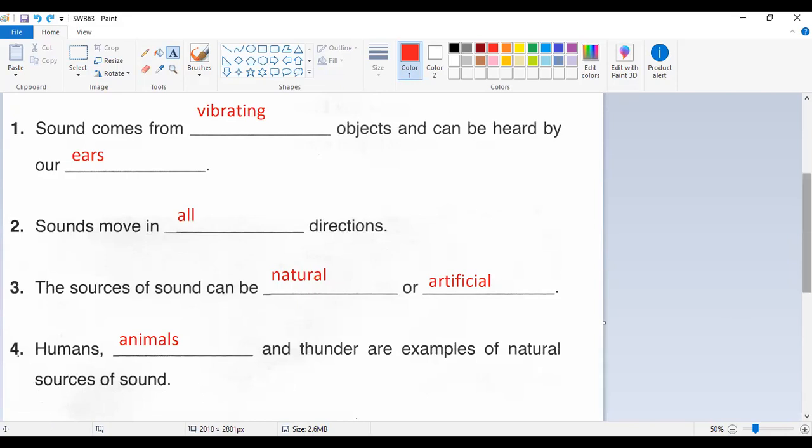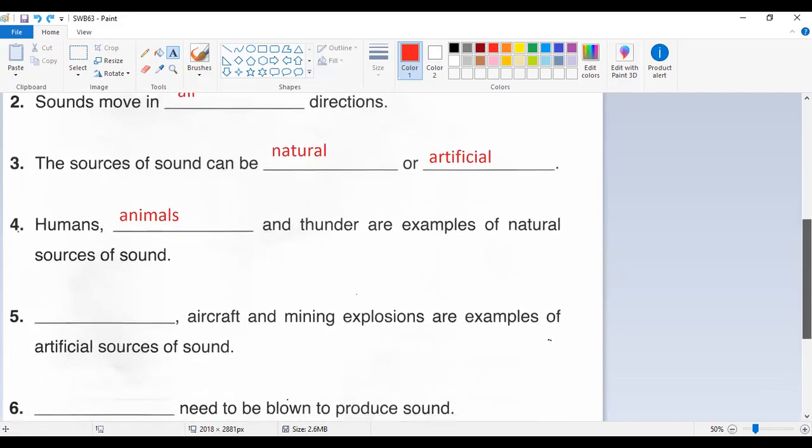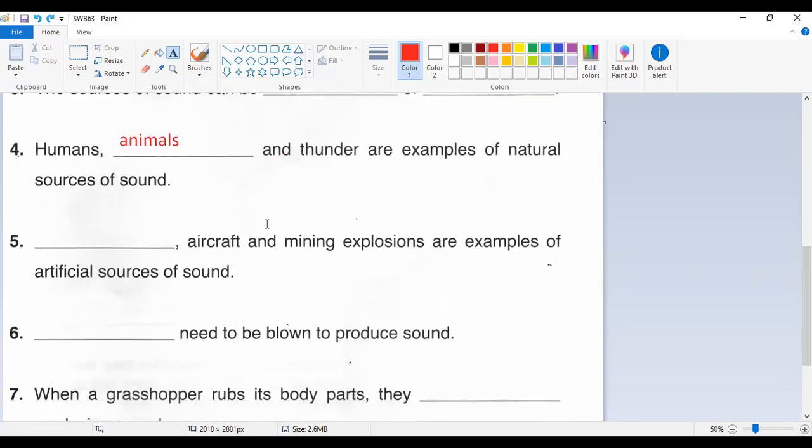So try and say natural and artificial, vibrate and all directions, all our different words. So we had our natural sources of sound, humans, animals, and thunder.